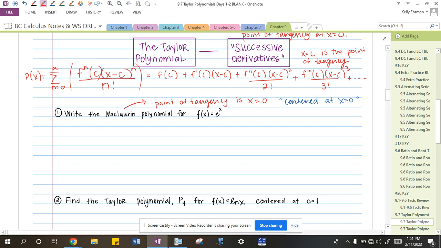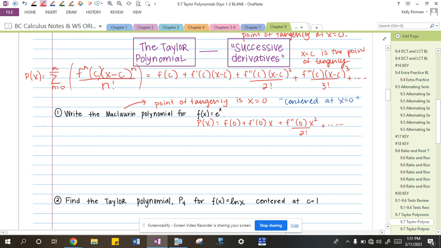All right, so let's remind ourselves what we're doing here. We have f of x equals e to the x, and we're trying to come up with some sort of Taylor polynomial, or some sort of Maclaurin polynomial, which we have a formula for. It's going to be f of 0 plus f prime of 0 times x plus f double prime of 0 times x squared over 2 factorial plus dot dot dot.